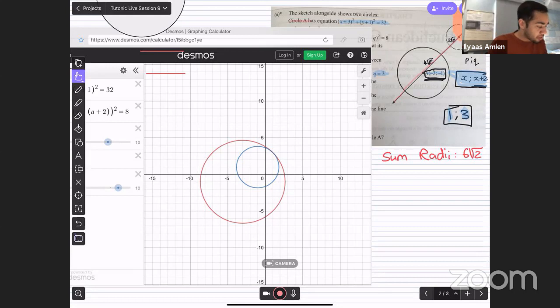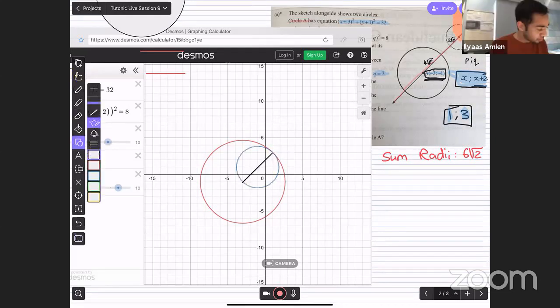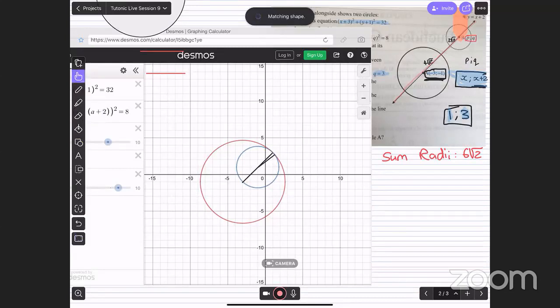So another way to think of it is here is your center. Do you agree? That's the radius of the red, right? And if I draw another line for the radius of the blue, it's there.